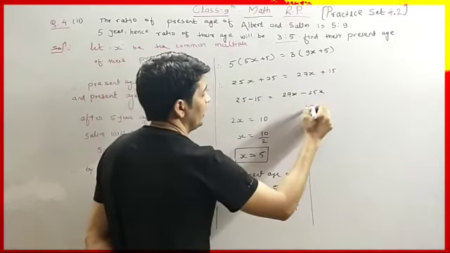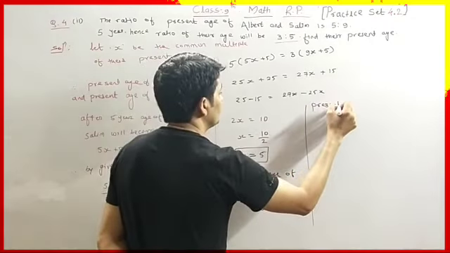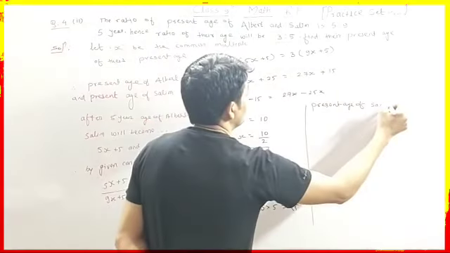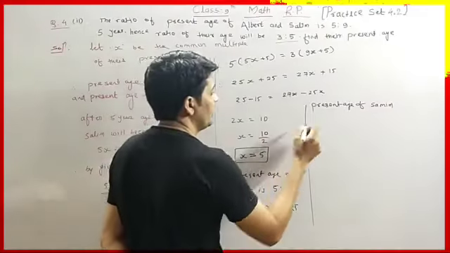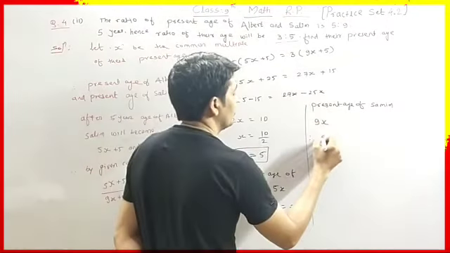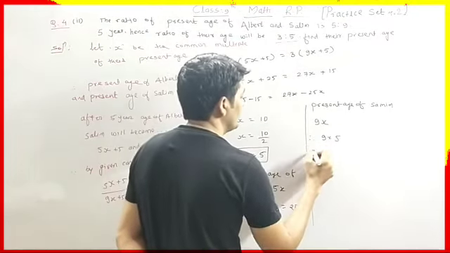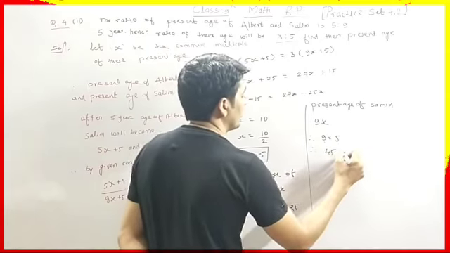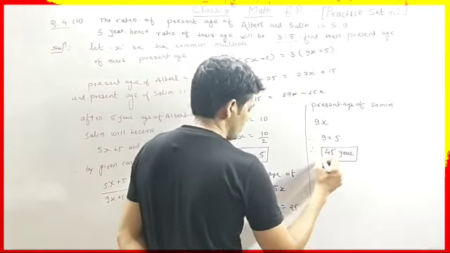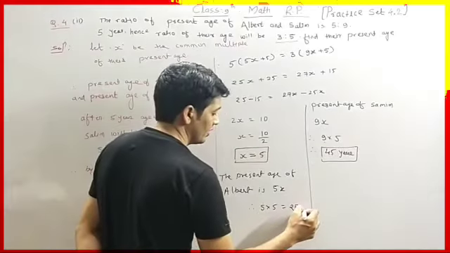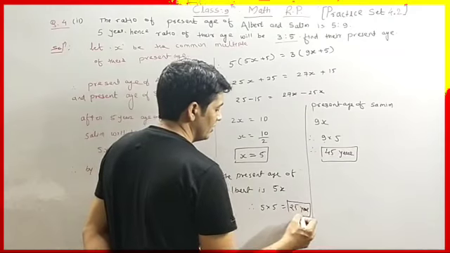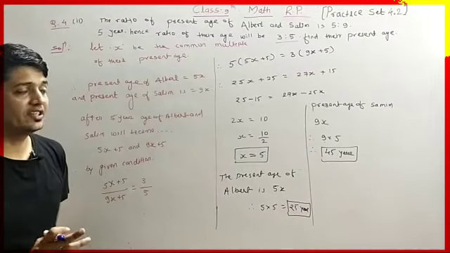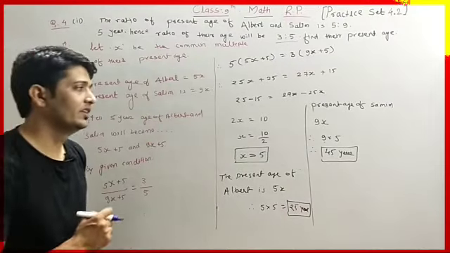Now the present age of Salim is 9x, so 9 into 5 is 45 years. So this is the second answer, and that is the first answer. Now we have the present ages of both Albert and Salim.